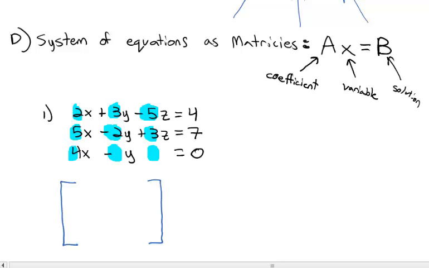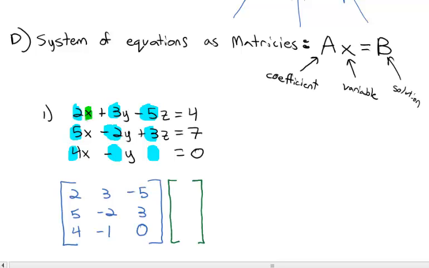So the coefficient matrix, all the numbers in front are 2, 3, negative 5. Next row, 5, negative 2, 3. Next row, 4, negative 1 in front of the y. And since there's no value for the z, we still need a number in there. 0 means there's nothing there. And we're going to multiply that by a column matrix, a matrix that's just one column that lists the variables.